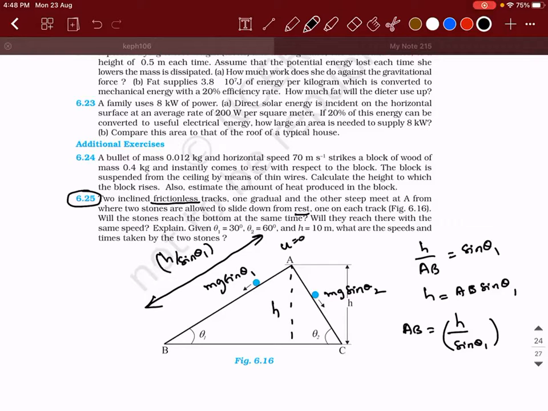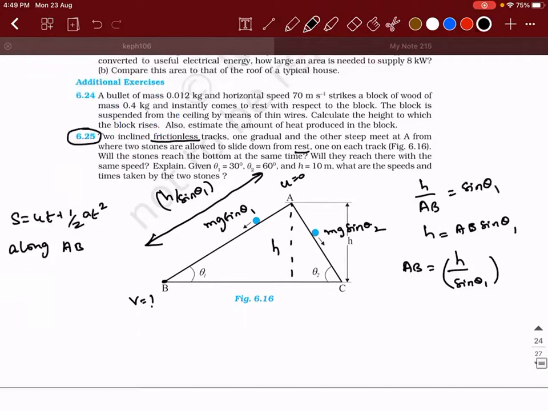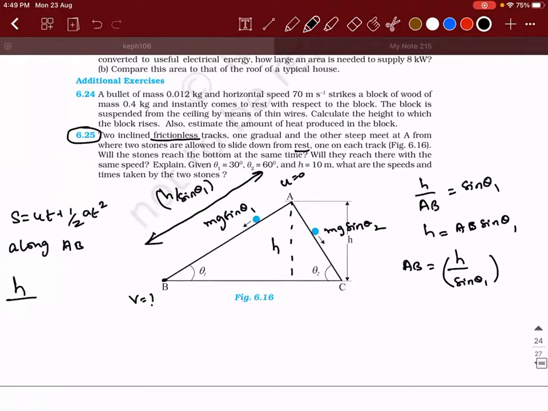Initially, the velocity is 0 here. Remember, the velocity at this point is what we need to find. Before that, let us apply s equals ut plus half at square along AB. What is the displacement of the object along AB? h divided by sin theta 1 is the displacement.